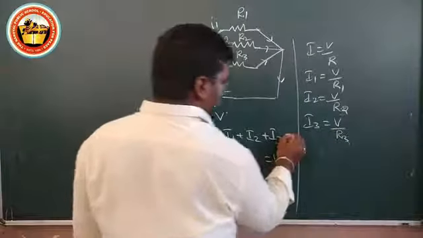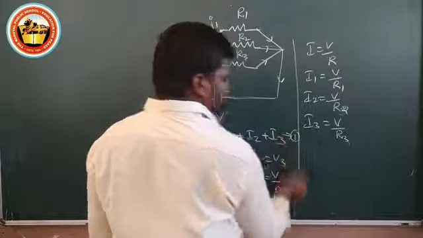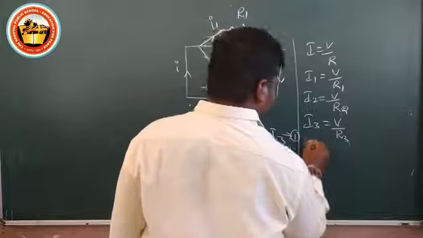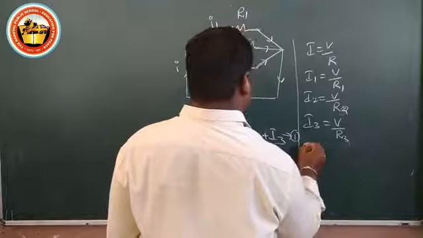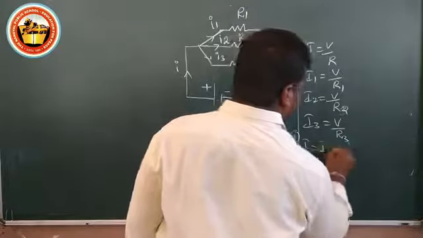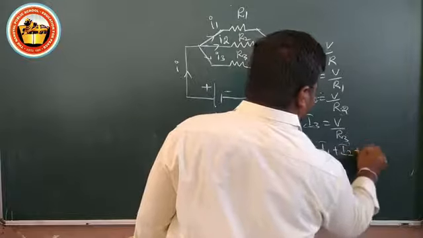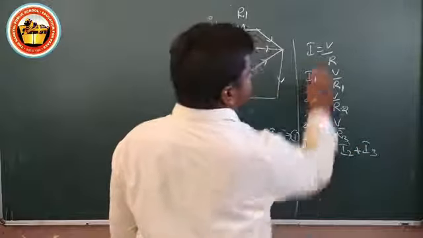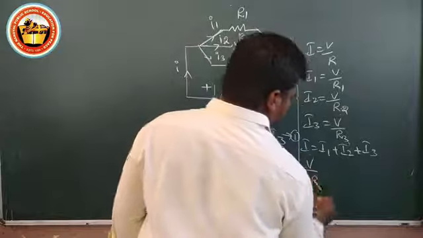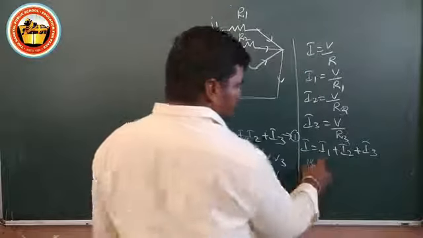Using these equations, we get I is equal to I1 plus I2 plus I3. What is I? V by R. That is equal to, what is I1?